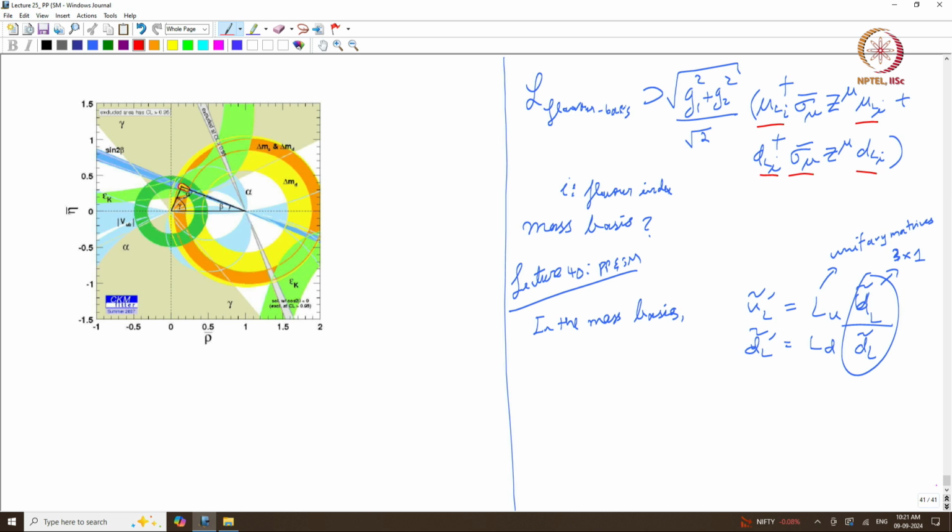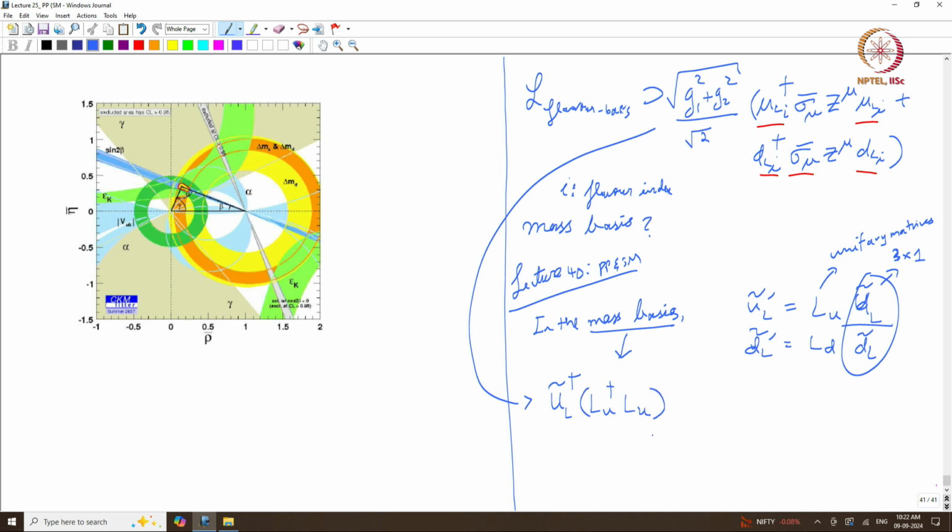So let me just write this down, so that it is clear. I am not going to put the i index, I am going to write it in terms of the 3 cross 1 itself, in flavor space. So, up to these coupling constants, I will have an L_U dagger that rotates into the mass basis, correct, this is the mass basis, and I will have an L_U sitting outside.